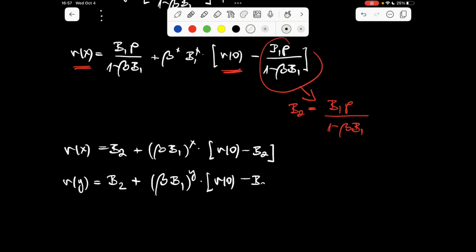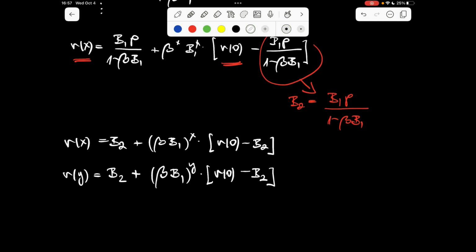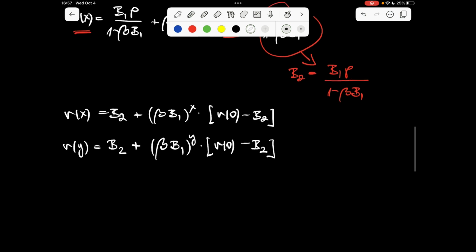And this equation is most important because in this value function, this is the unknown value function, v0.